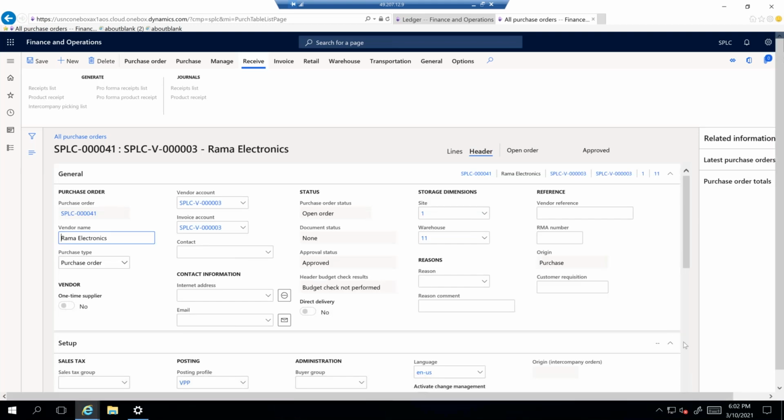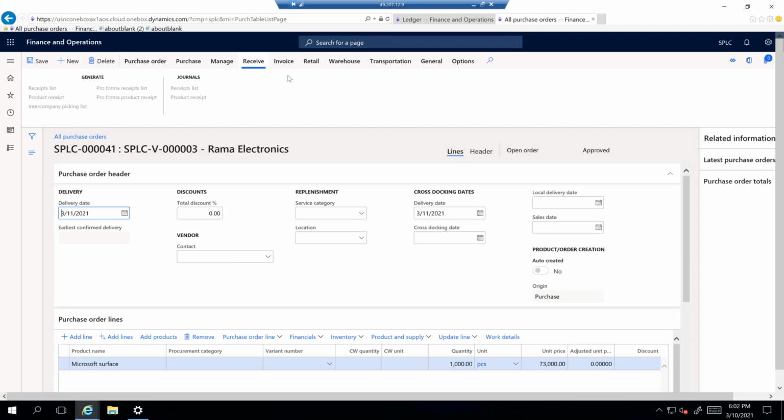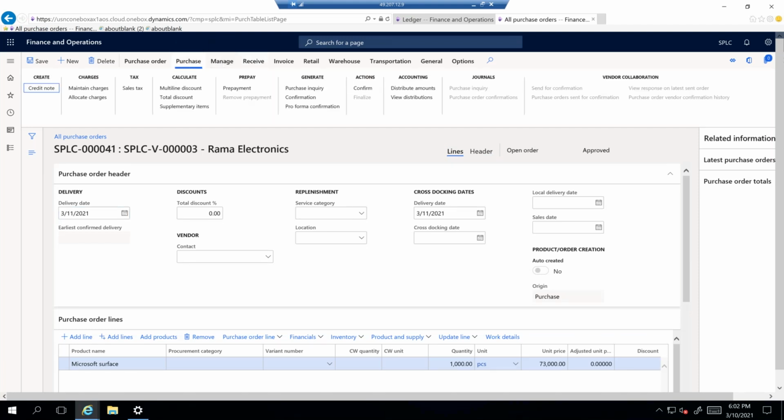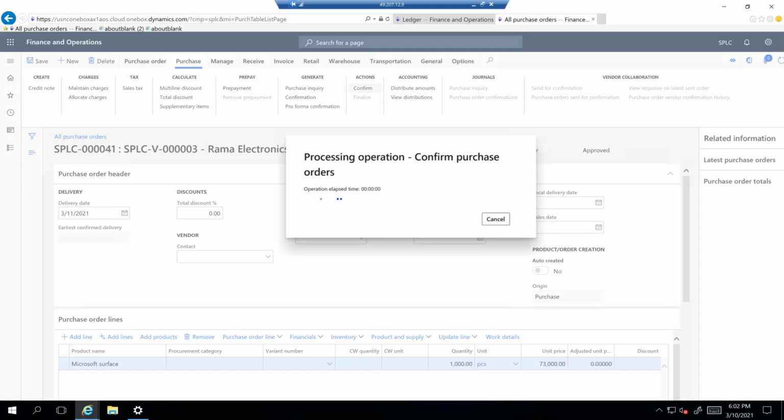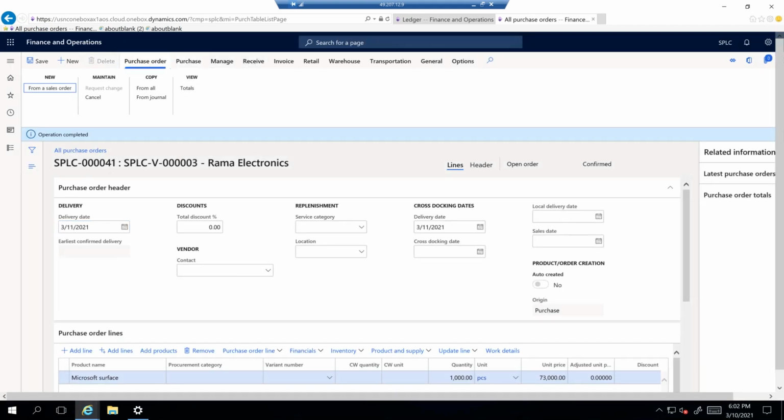it is INR. Okay, lines. Now do the confirmation. Now, before proceeding, if you want to verify, you can verify the total amount.